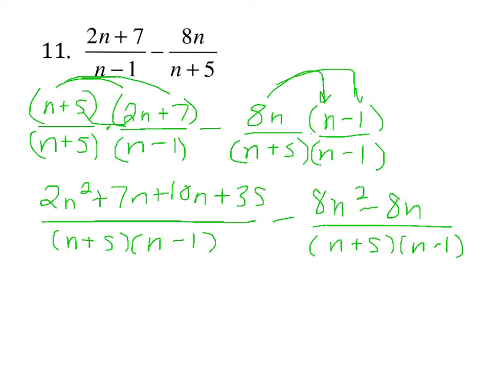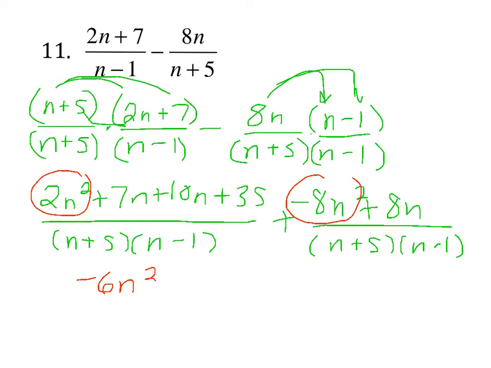And so now we're ready to combine like terms. Oh, but first we want to change our subtraction sign into a positive and then change the signs of the numerators. So we have 2n squared minus 8n squared, and those are like terms. So if we combine those, we're going to get negative 6n squared.